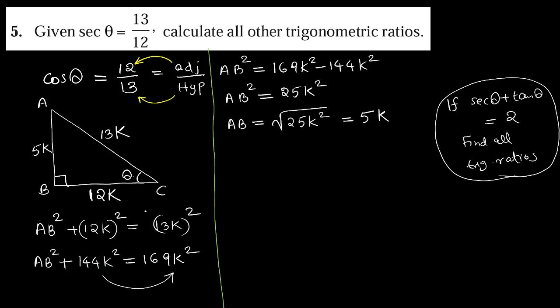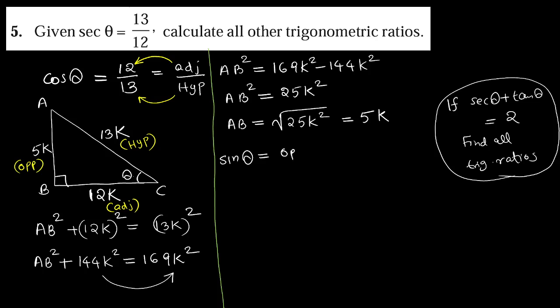I want all trigonometric ratios: sin theta, cos theta, tan theta, everything. With respect to theta, 5k will be the opposite side, 12k is the adjacent side, 13k is the hypotenuse. By looking at the diagram, I am going to find out.